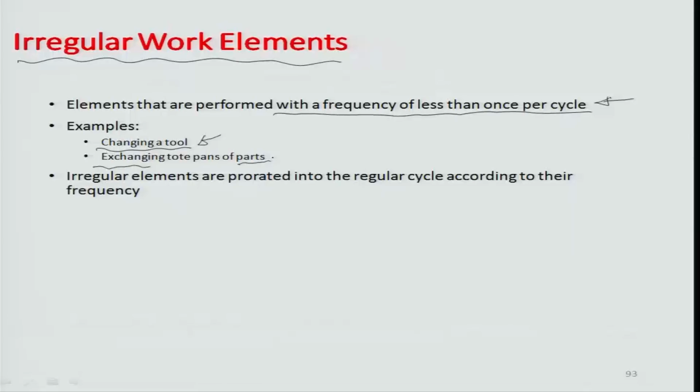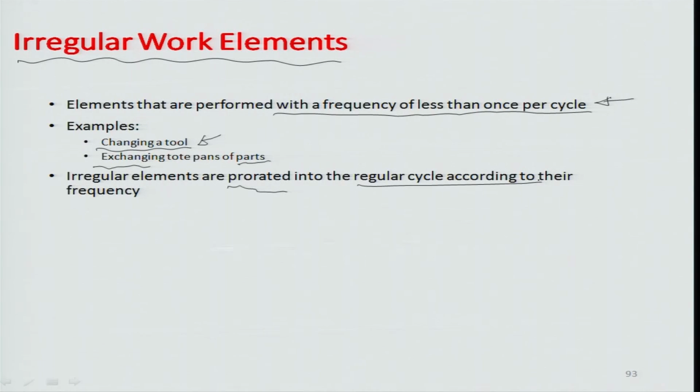So those kinds of irregular work elements do prop up from time to time in a work study, and therefore it is imperative to include some of these irregular elements as a prorated time into the regular cycle time associated with different frequencies.